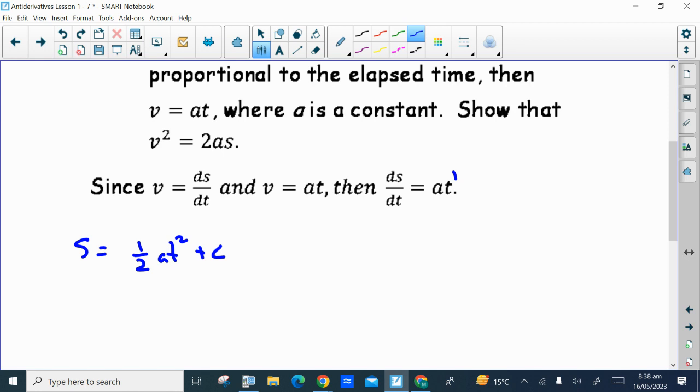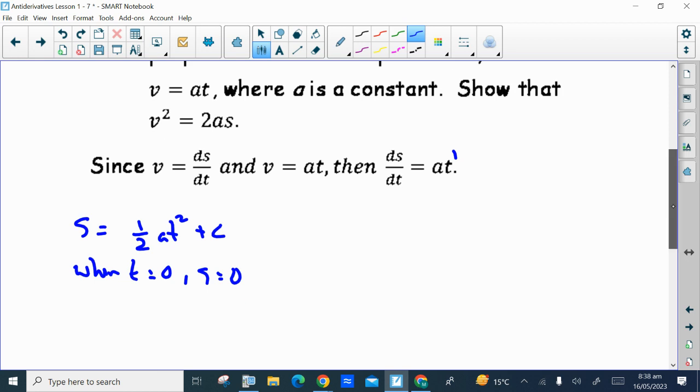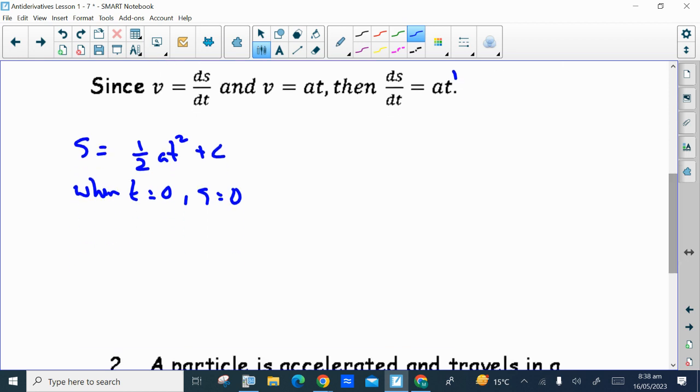Now, because this is the position function, the displacement function, when t is 0, s will always be 0, because it hasn't started to move. So when t equals 0, s will equal 0. So again, like we did yesterday, we've got some initial conditions. We can determine what our c value is.